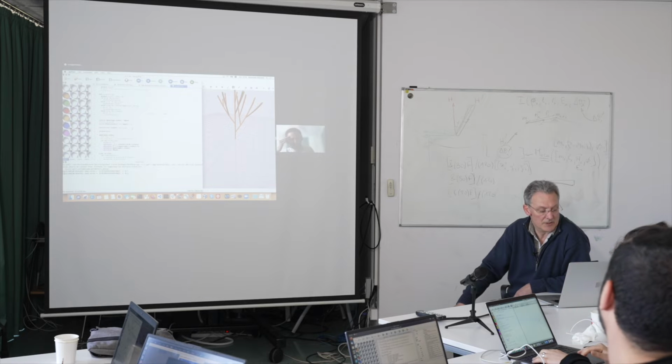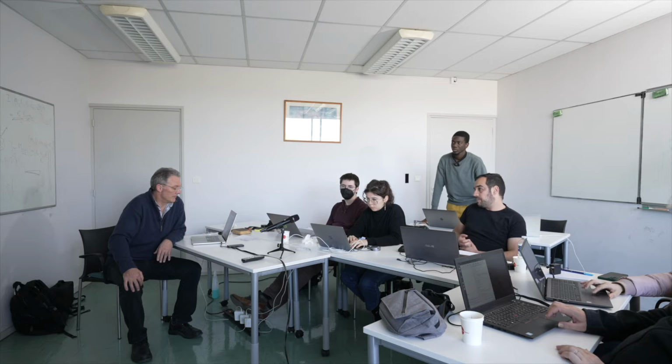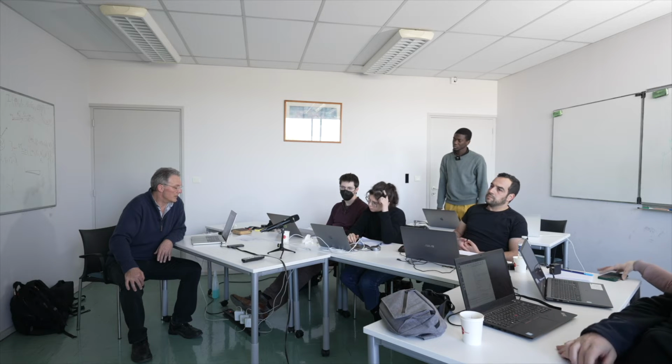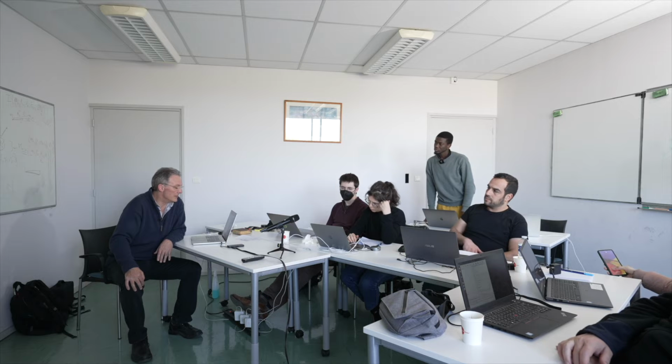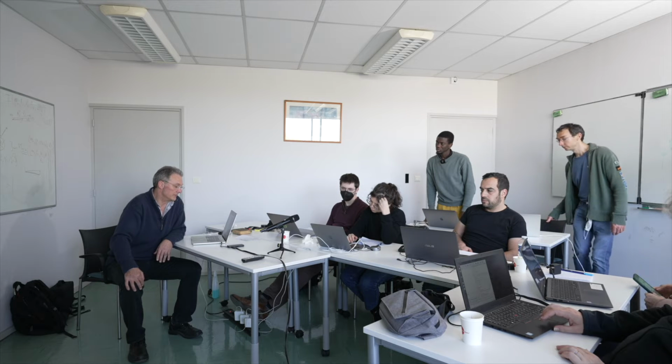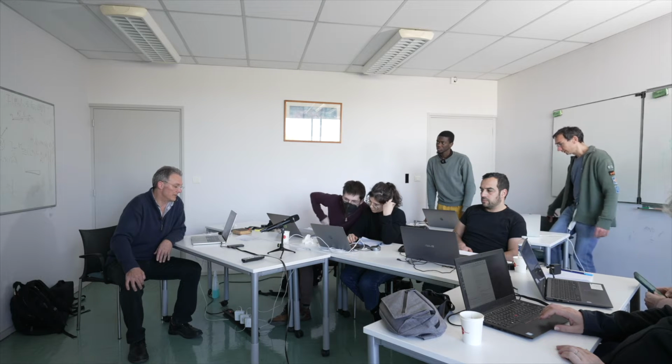But if we assume that the step at which growth is occurring is much slower than the step at which gravity takes its action, then we could decouple the two. After each step of growth, you do a step of gravity bending, and then you alternate steps of growth and steps of gravity bending. In this way, you would have gravity acting on the growing tree. Is that clear, Fabrice? Yeah.